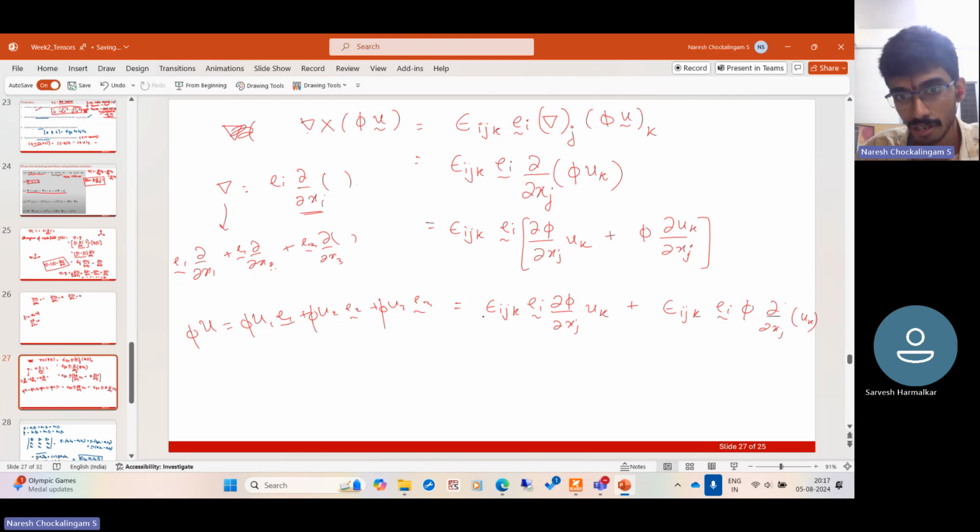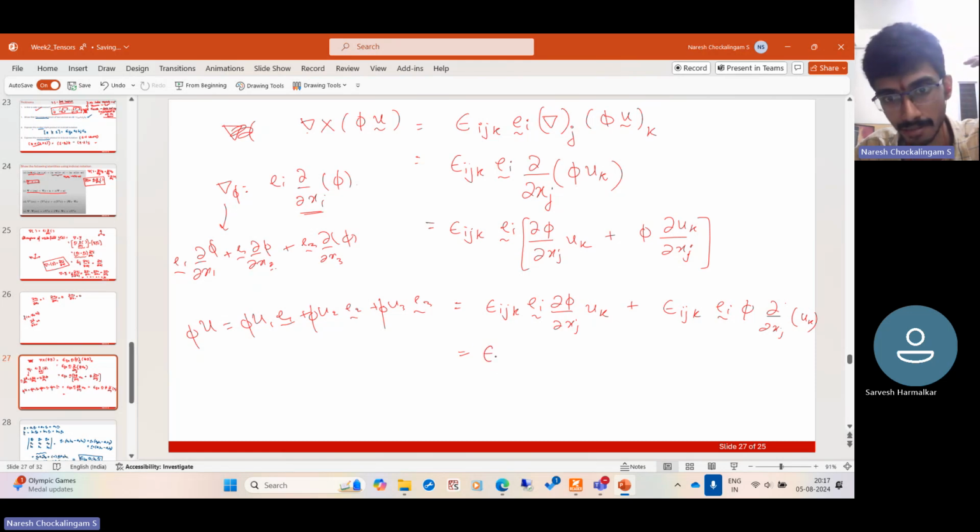Now by inspection, what is this? This is epsilon ijk e_i, jth component of grad phi, right? So the second component of grad of a scalar is dou phi by dou x2. So the third component is dou phi by dou x3. So dou phi by dou x_j is the jth component of grad phi.